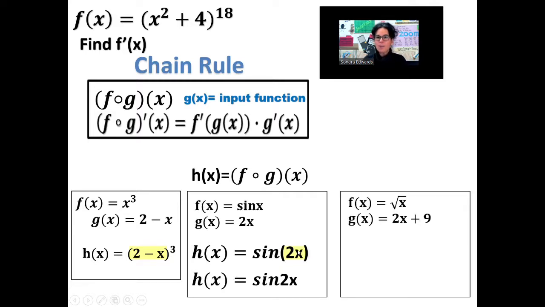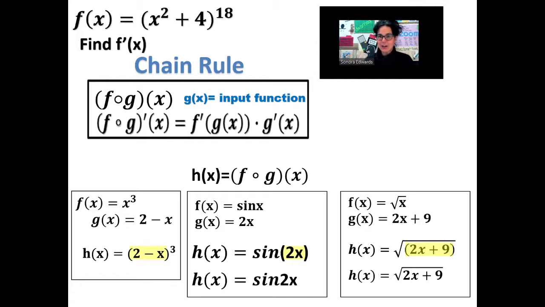Okay, one more. F comp g of x. I would want to start with the f function, so square root of x, but every place we see an x, we would replace it with 2x plus 9. Similarly, that input function 2x plus 9, we wouldn't see the parentheses necessarily.